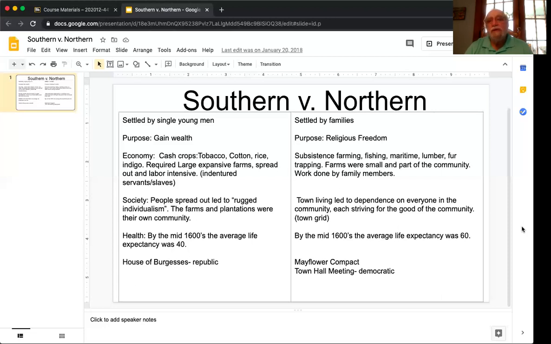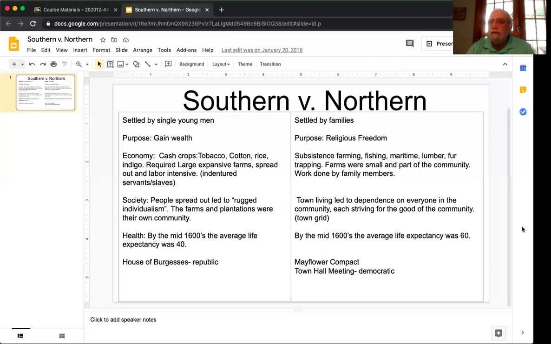Again, southern colonies based on gaining wealth, on money, and so their drive is constantly to go out there and make more and more money. Not a lot of social interaction going on, other than on their own personal properties. So that was the southern experience. The northern experience based on religion, and again based on their environment.